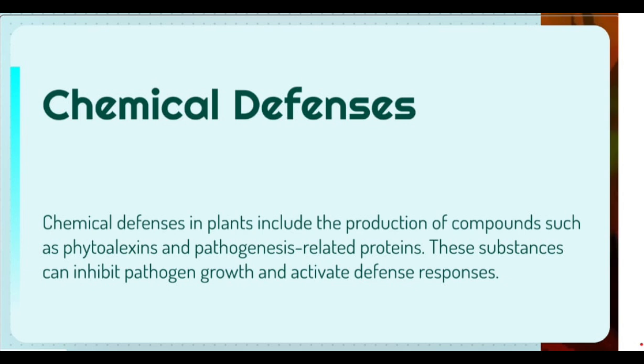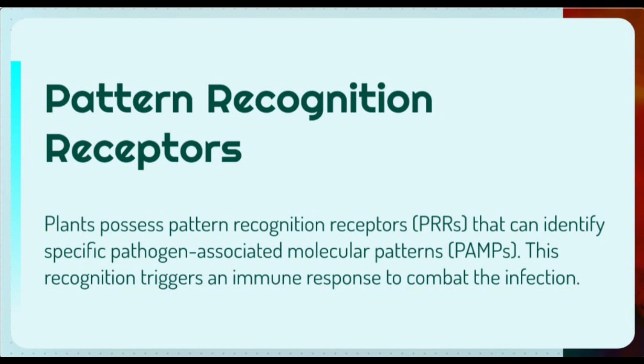And lastly, we have pattern recognition receptors, also known as PRRs. These receptors are found on the surface of plant cells. Their role is to detect common molecular patterns from pathogens called PAMPs, which stands for pathogen-associated molecular patterns.